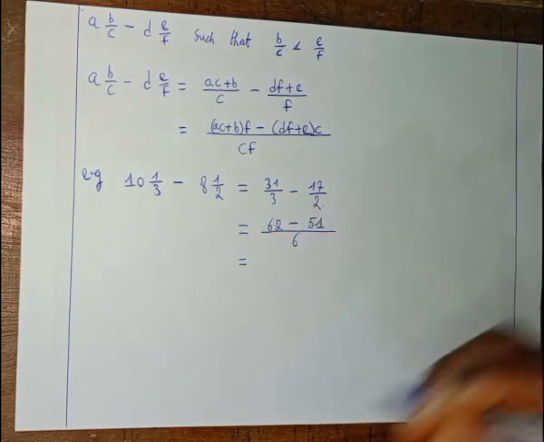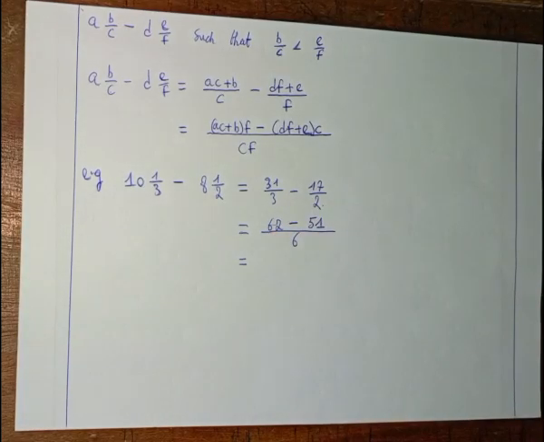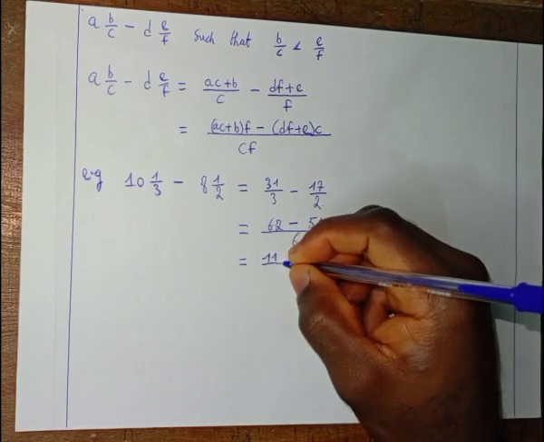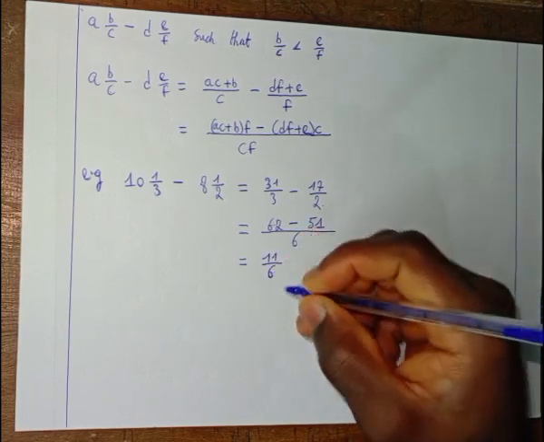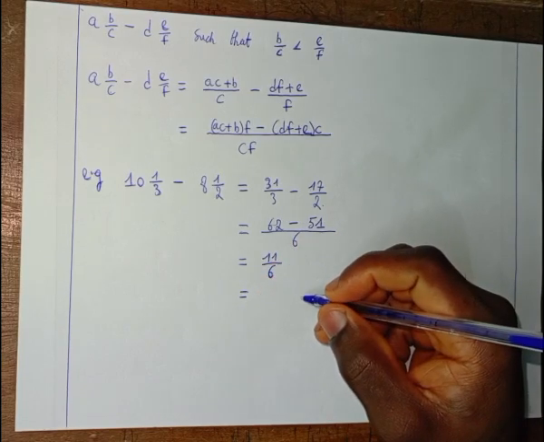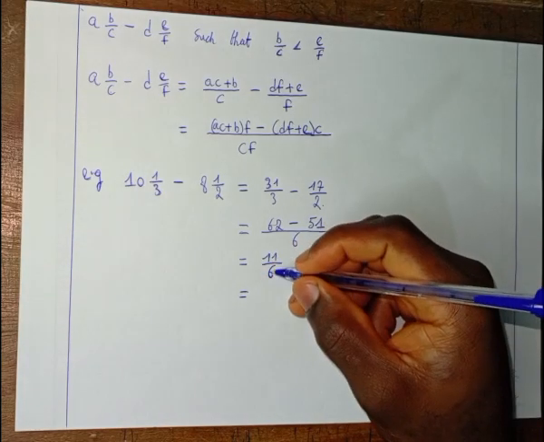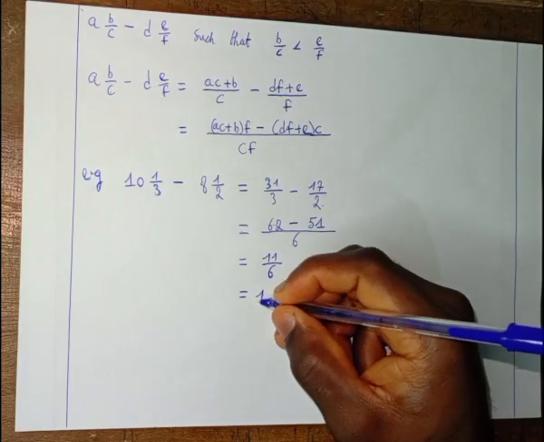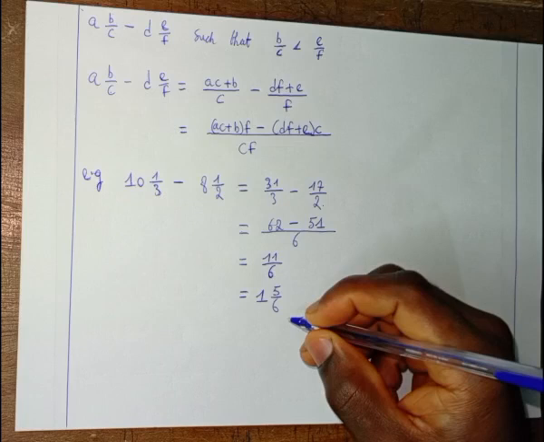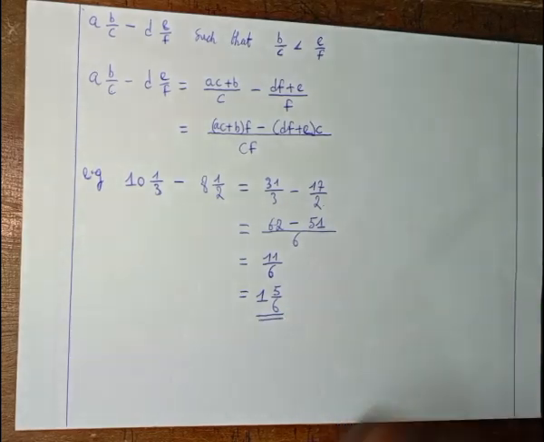Next thing we have to subtract. We are going to take 62 minus 51, which gives us 11 over 6. Next, we have to convert 11 over 6 to a mixed fraction. We know if you divide 11 by 6, the whole number part will simply be 1, remainder 5, which is to be divided by 6. So our answer will simply be 1 and 5 all over 6.